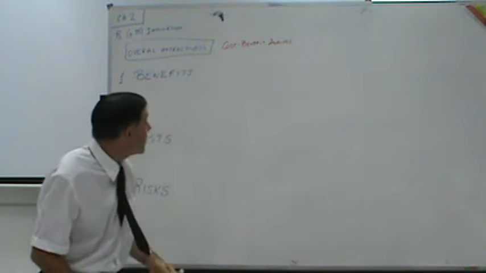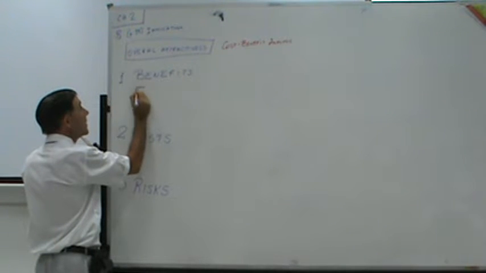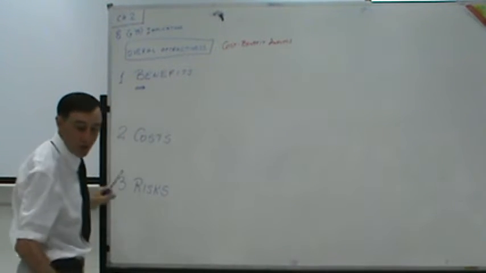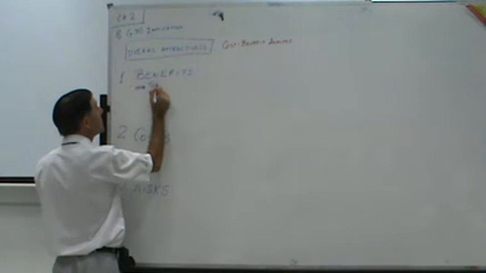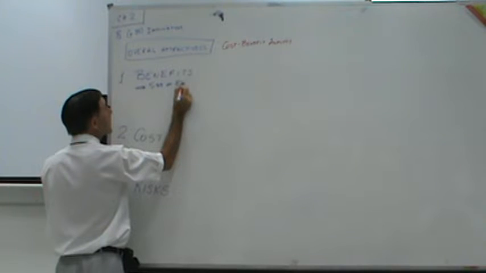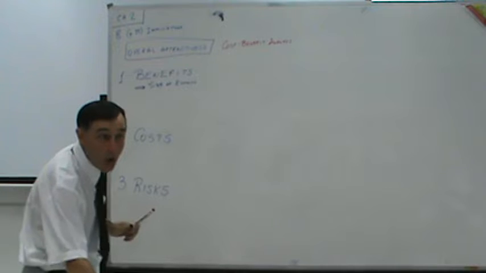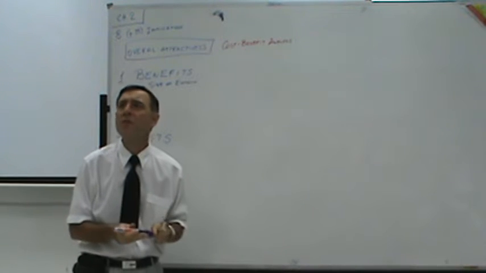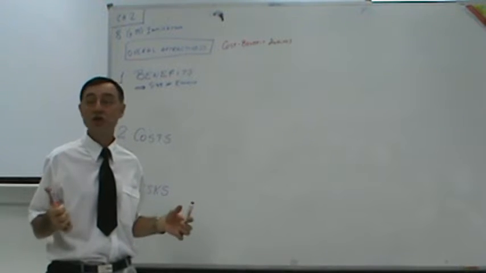So, what are the benefits dependent on? The first big important factor is the size of the economy. You want to see how big the economy is. If you're going to be investing, you might as well invest in a large economy.